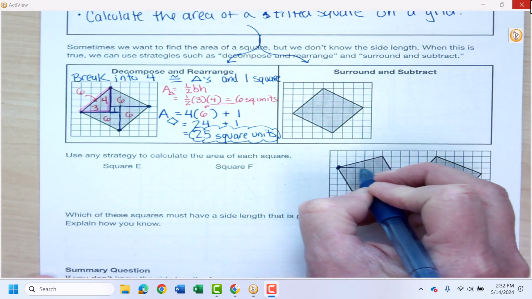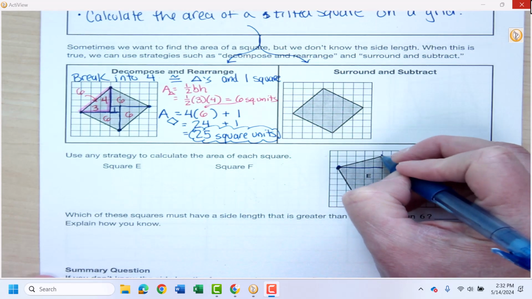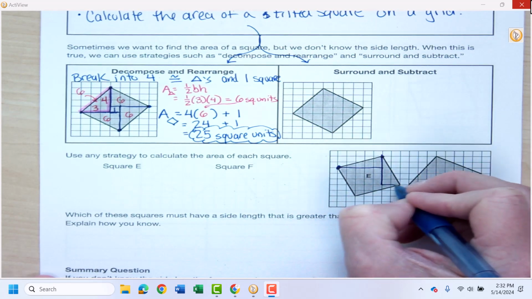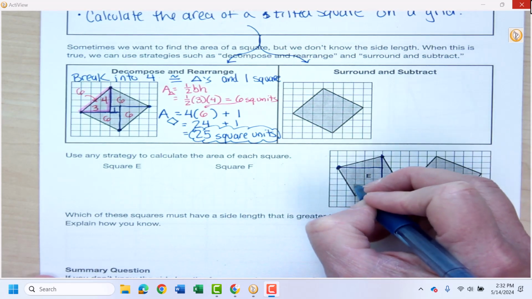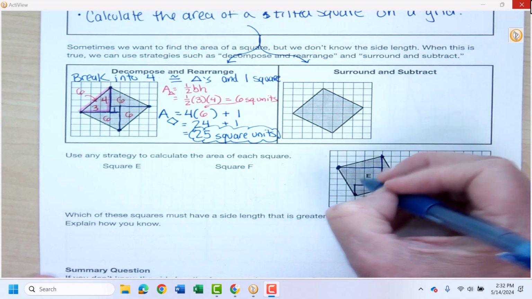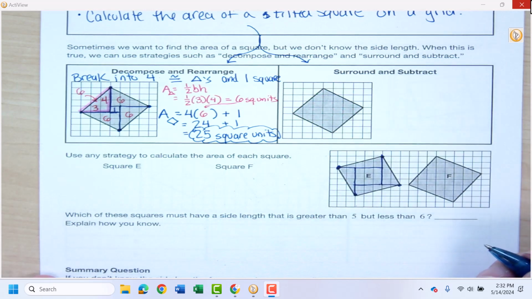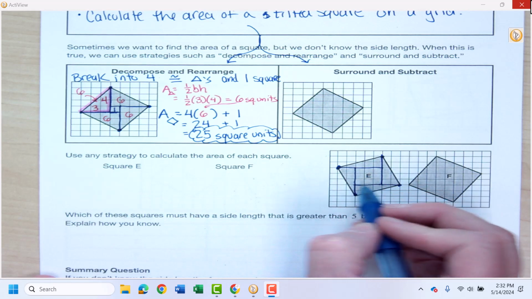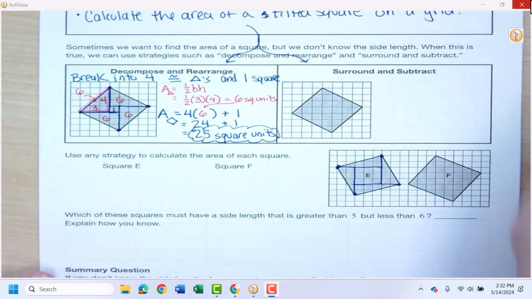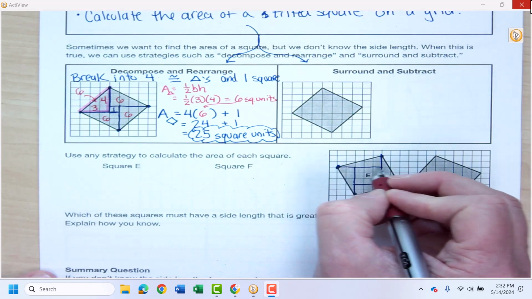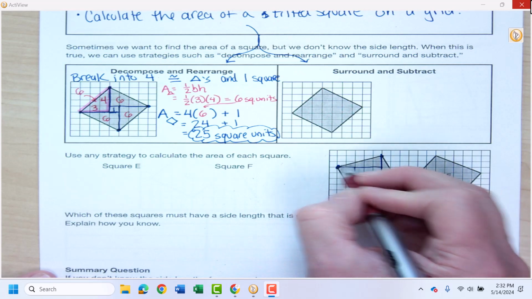If you started this back up, hopefully you made these 4 triangles. And if you made them correctly, all 4 of them are congruent, and you're left with this easy to figure out square in the middle. The length of the bottom here is 1, 2, 3, 4, 5.